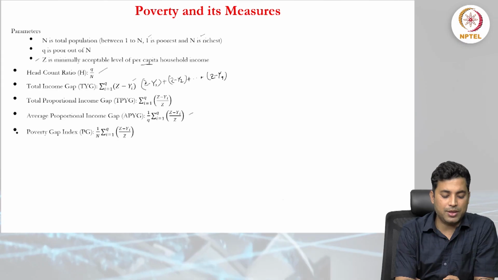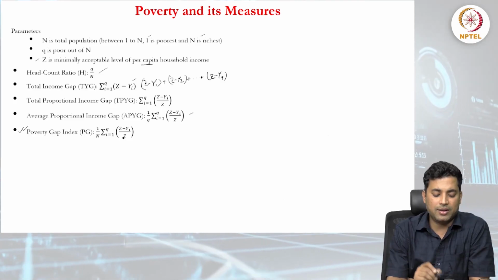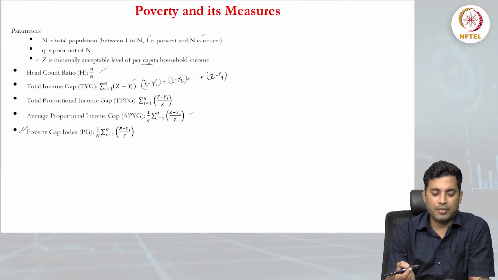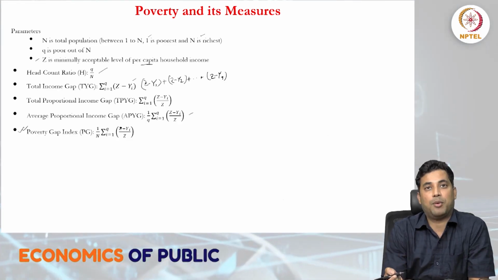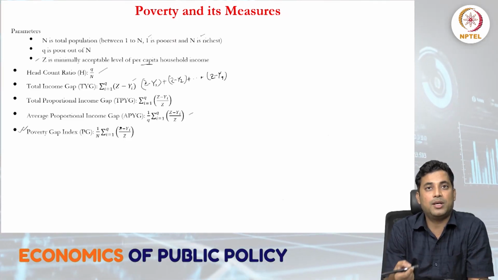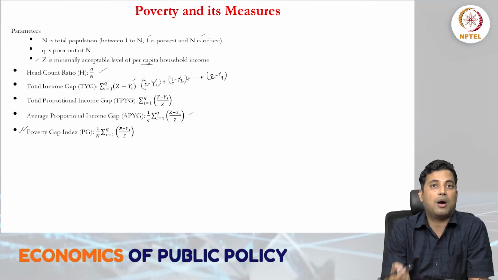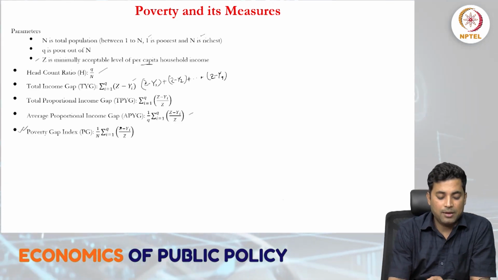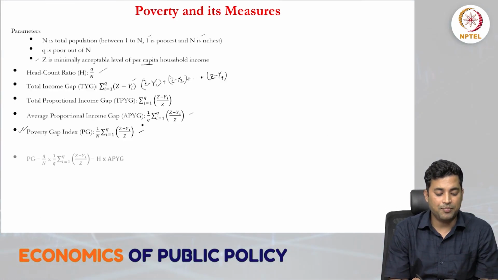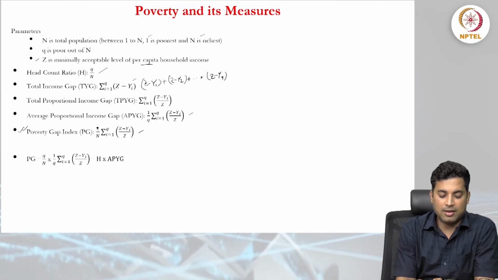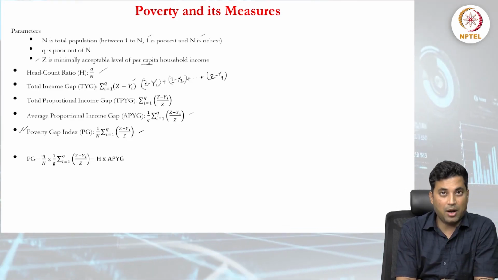Now let's come to the important one, the poverty gap index. This is the total proportional income gap, but with respect to the total number of the population. So it is the income gap of the poor households with respect to the total number of households, which is capital N. This is the poverty gap index broadly, but one can write 1 by N as small q by N multiplied by 1 by q.